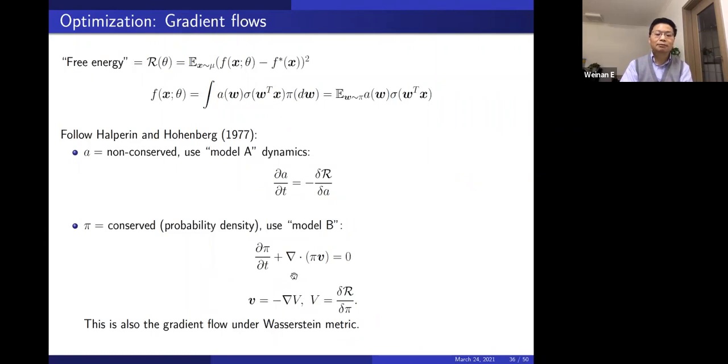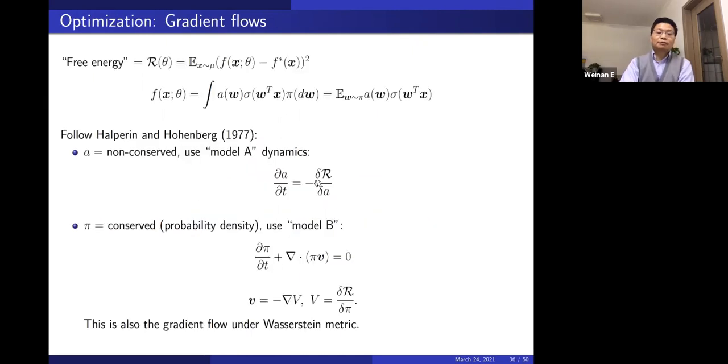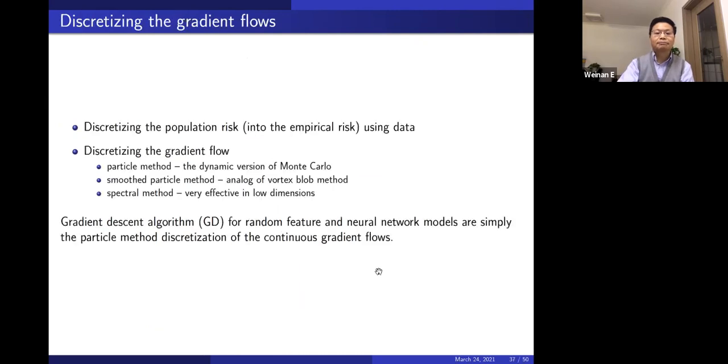So this is the model B gradient flow. It can be shown that as long as the solution is smooth, pi stays being a probability distribution. And this is also the gradient flow under the Wasserstein metric. Anyway, we'll get these kinds of PDEs, really integro-differential equations. So then we just have to discretize these PDEs. This becomes a standard problem in numerical analysis.